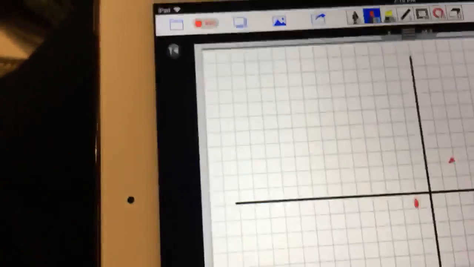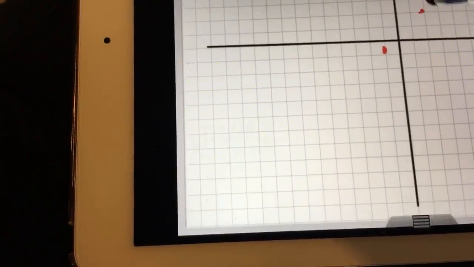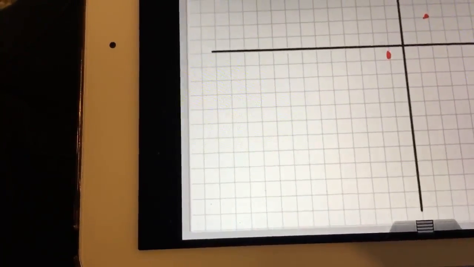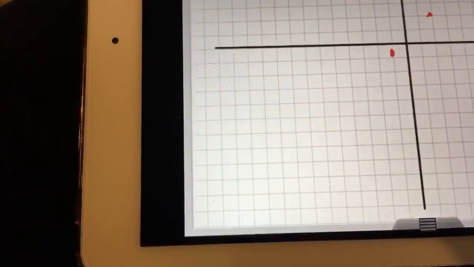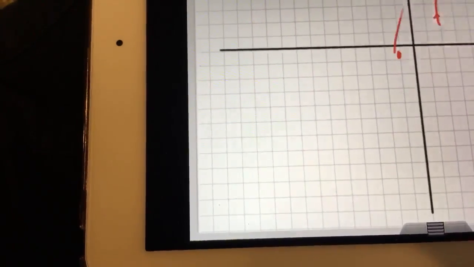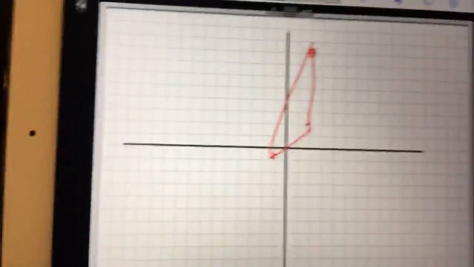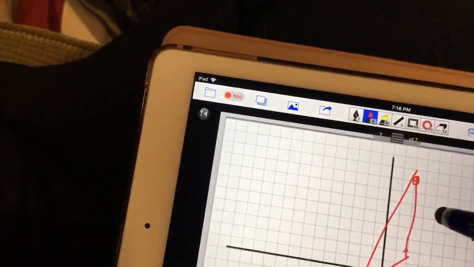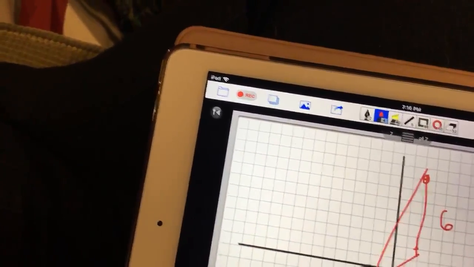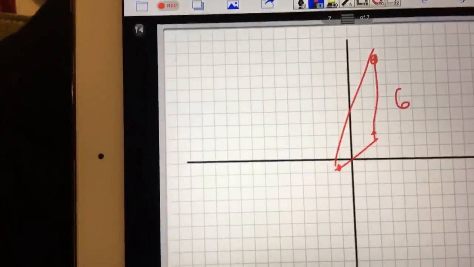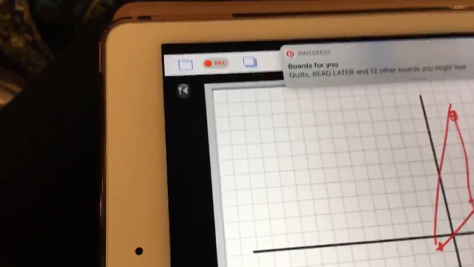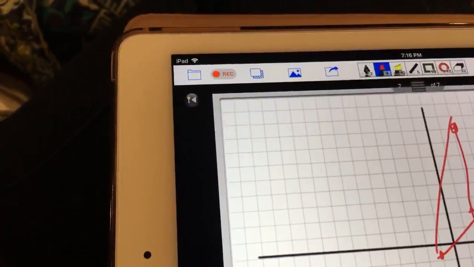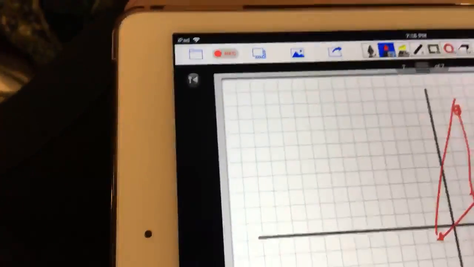So let's see. (2, 8): 1, 2, 3, 4, 5, 6, 7, 8. Again, this time the base is 6 and the height is 3. So this is not going to give us an area of 12 square kilometers.